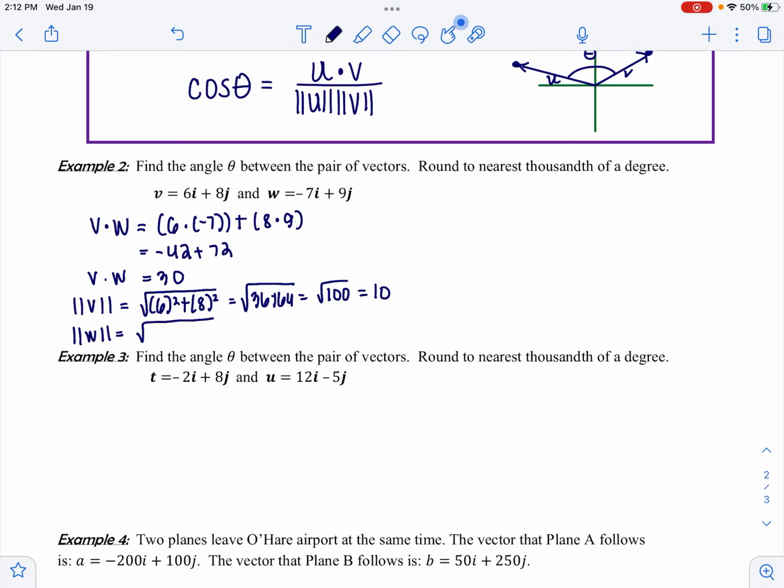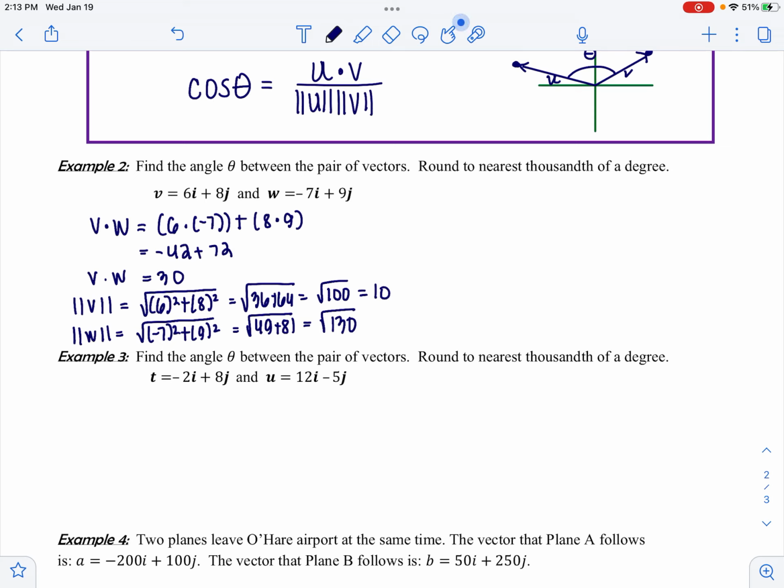Magnitude of w: -7 squared plus 9 squared, square root of 49 plus 81, which is the square root of 130. And that's a decimal. I'm just going to leave it until I get my final answer.